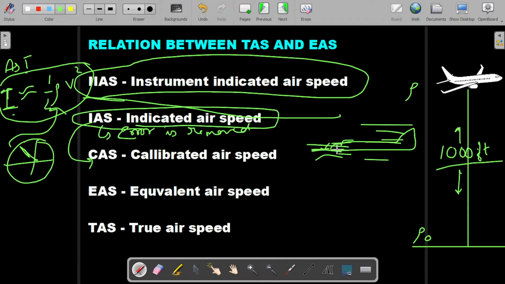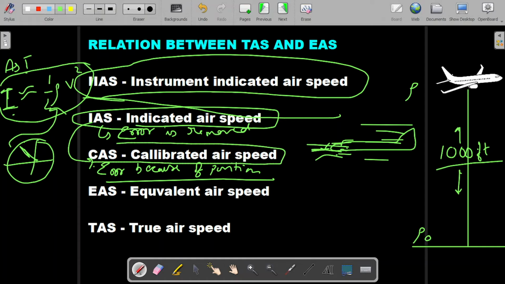Rather, it is varied because of the airflow or the position of the static holes. This kind of error is also provided by the OEM or the manufacturer. And when the error because of position is removed, that speed is known as calibrated airspeed.